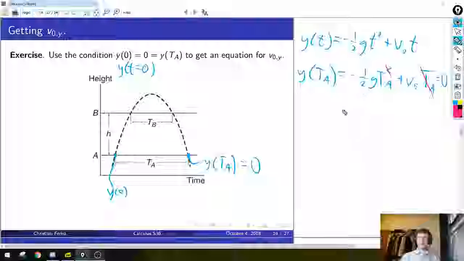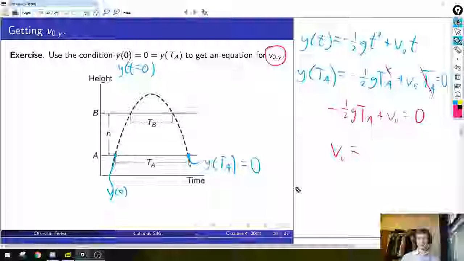but then this gives us an equation for v0. This is telling us 1/2 g ta minus 1/2 g ta plus v0 equals 0, and what we're trying to do is get an equation for v0. So when I solve this for v0, in terms of known quantities, in terms of g, what do I get? Could you say that again?